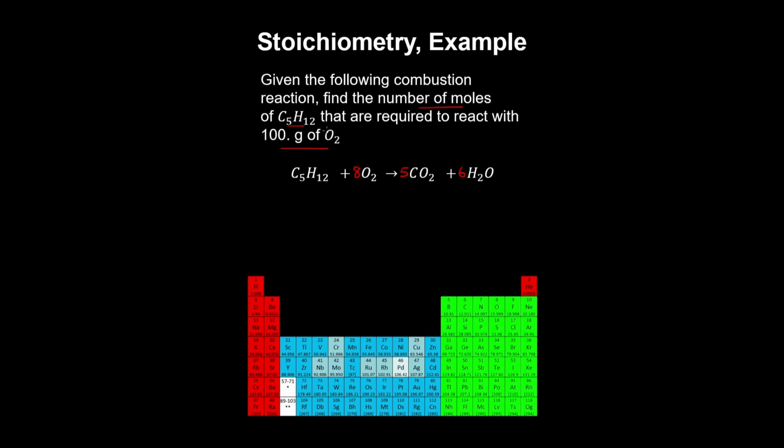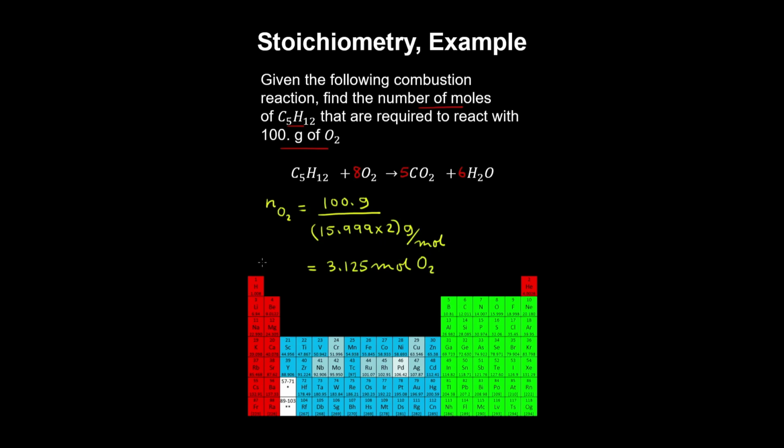And now we convert the quantities that were given into moles. So the number of moles of O2 is equal to the mass in grams over the molar mass of O2, which gives 3.125 moles.